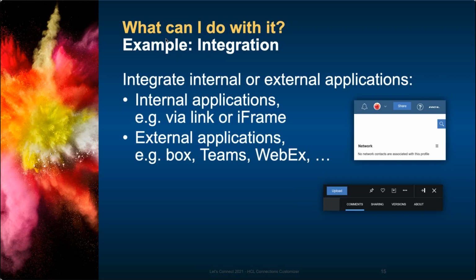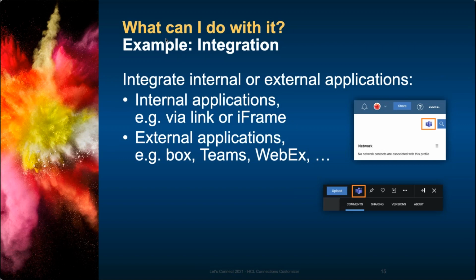I mean, most simply, you can insert an iframe, but that's not that elegant. You can do other things where you can actually pass on structured queries and get results back from whatever application you're doing. The simple example that we have here is similar to what we added in Connections 7 as part of the standard product, is the ability to share whatever page you're on with your chat tool of choice.